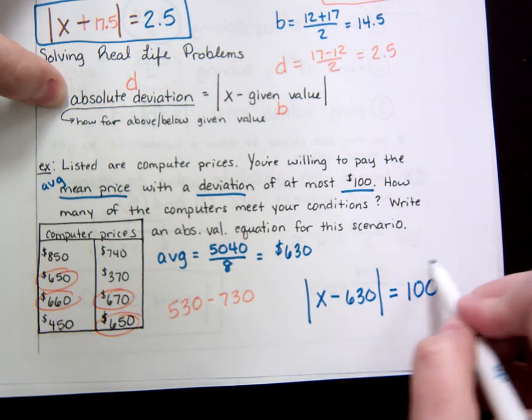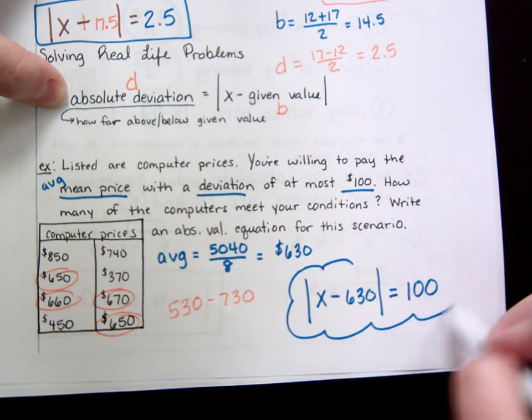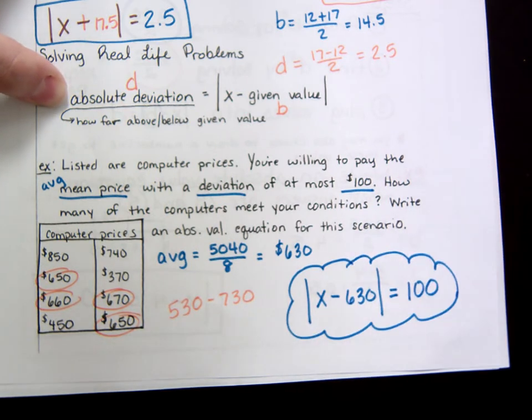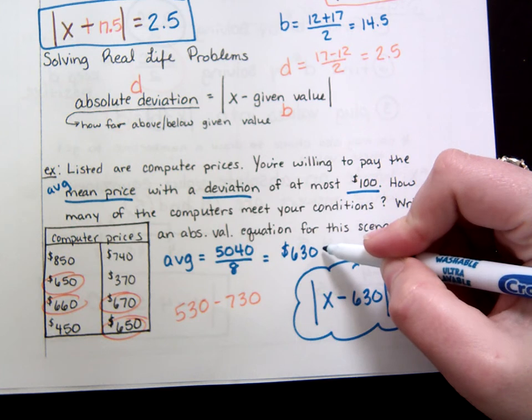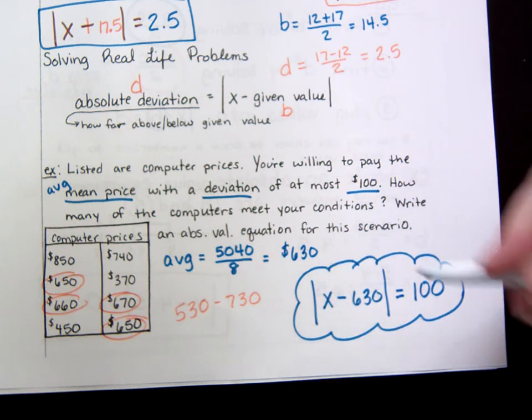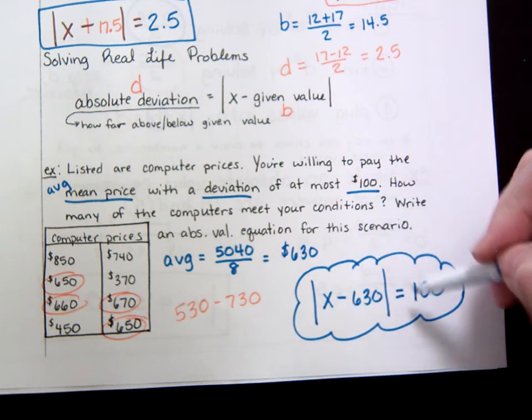So you can use a spreadsheet or Excel or something like that. You can list all the computer prices in there, and somebody who designed the program, they programmed it to be able to average all those values easily, like we did here, and they programmed it to be able to do something like this.